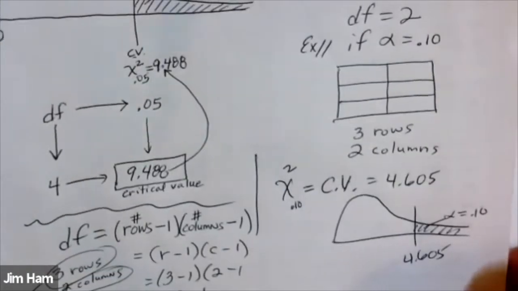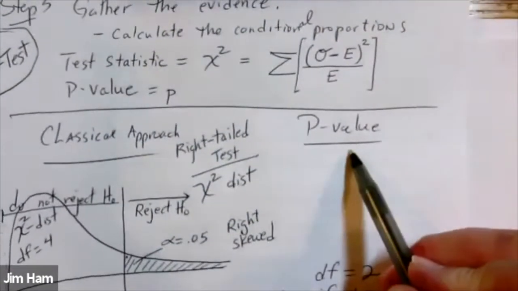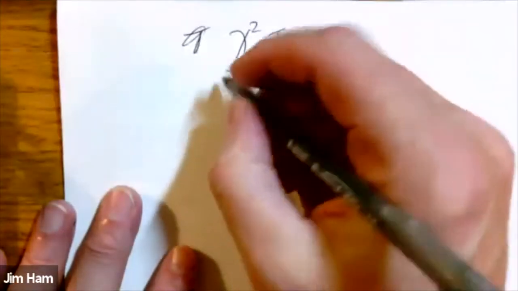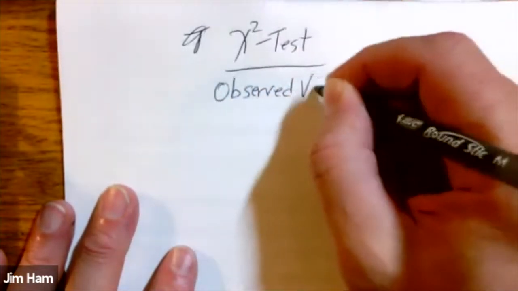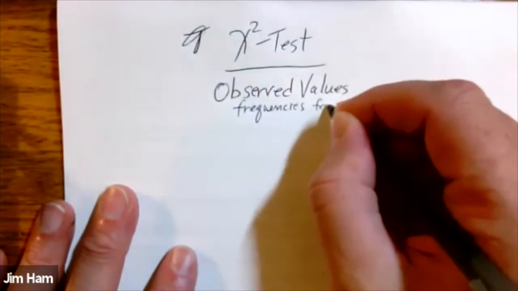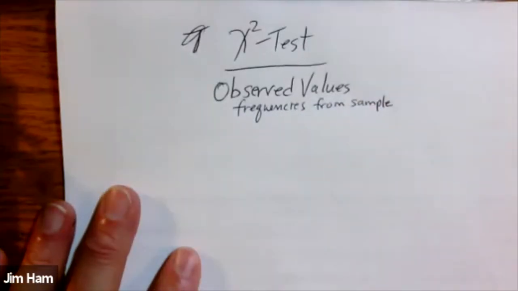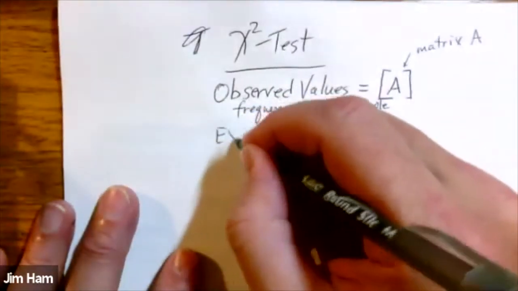Okay, classical approach. Now let's talk about how you set up the p-value approach. We know that we're going to use the calculator function. The chi-squared test is going to ask you for where are your observed values? These are the frequencies from the sample. So it's the original values that you get. And you have to specify one of these things. And this is a matrix. This is matrix A. And then it's going to ask for the expected values.